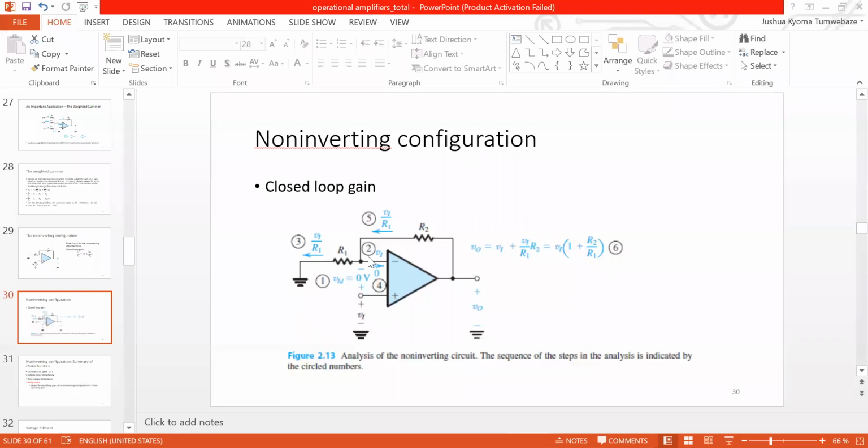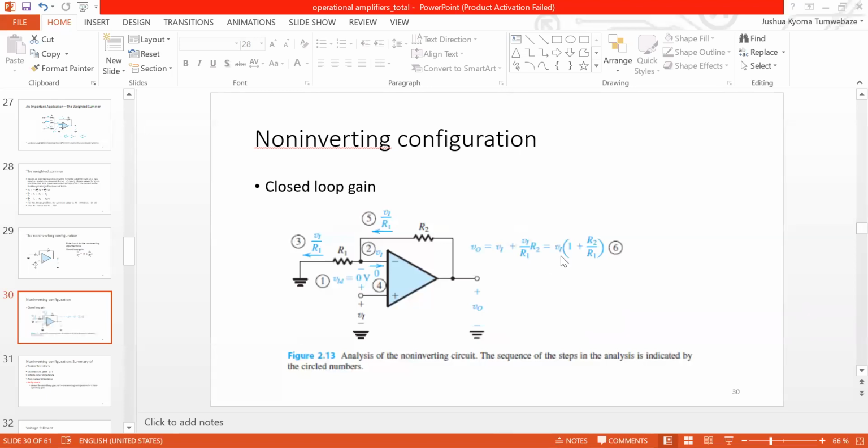So it appears as though VI is a portion of V naught. Make VI the subject here and see what you come up with.